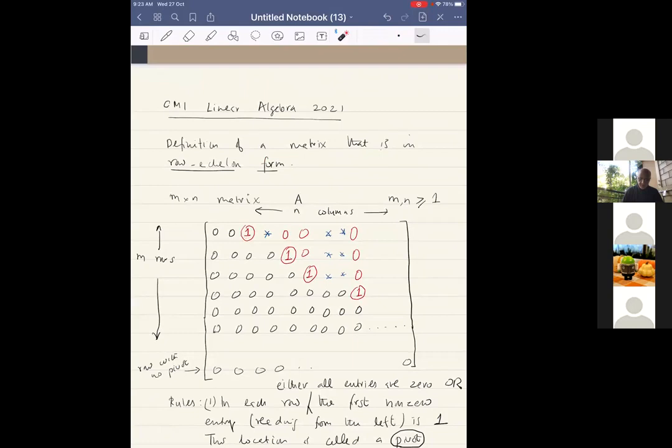There is no row above that, so there's nothing to do. This is a pivot, and then here is one possible entry, and that is 0. Here is a pivot. There are two possible places above it in the array of the matrix, and the entries are 0. The next pivot is here, and all the entries above are 0.